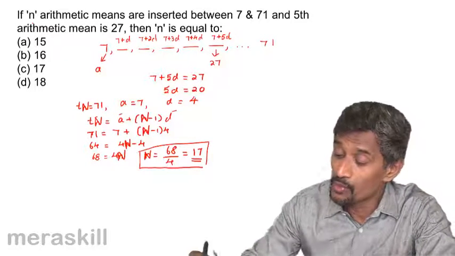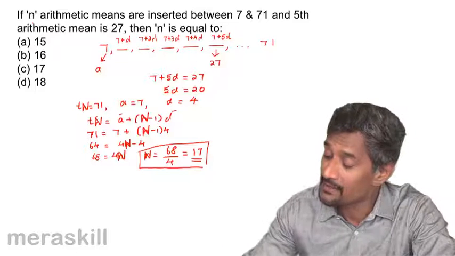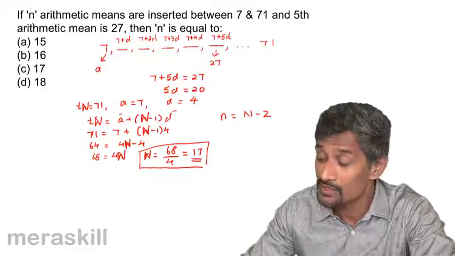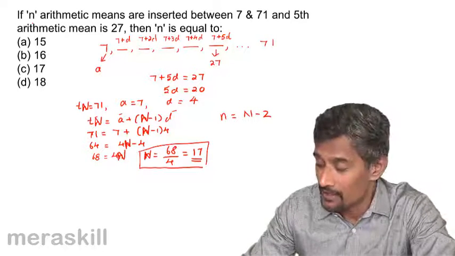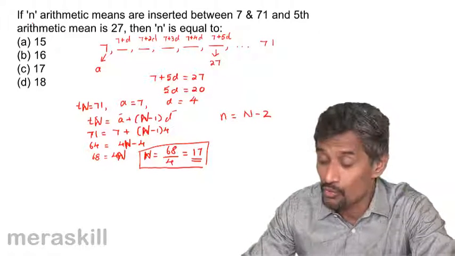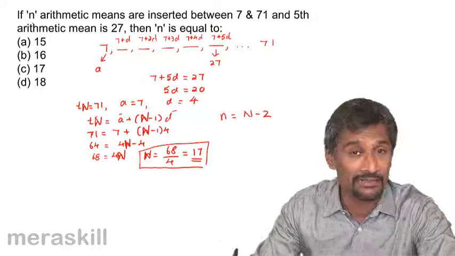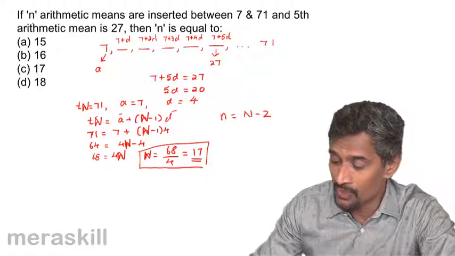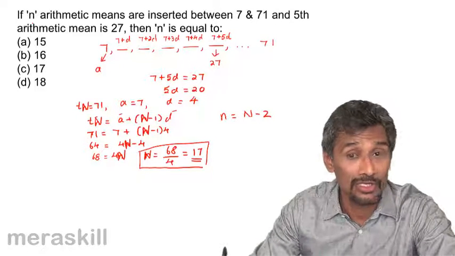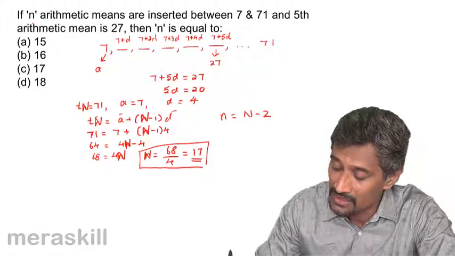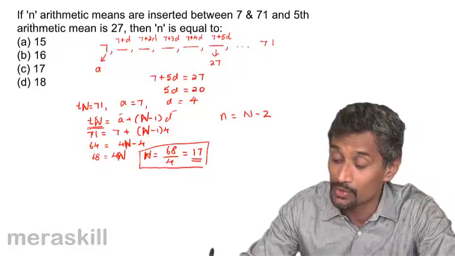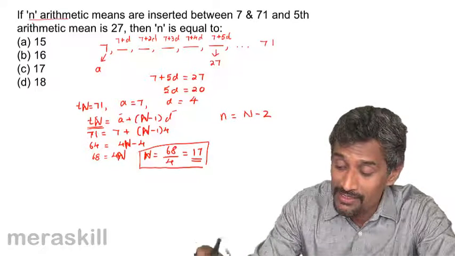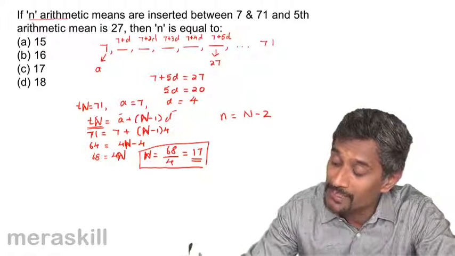So this question has been deliberately given in such a way that one of the answers has been given as 17. So the moment you get n, you will have a tendency to immediately take 17. It's not 17 because the N that we have considered for this particular formula includes the first and the last term, whereas the n in the question involves the number of arithmetic means.